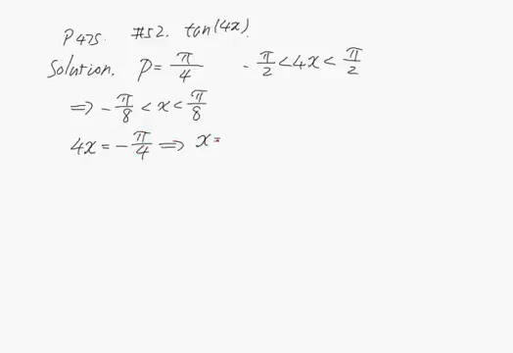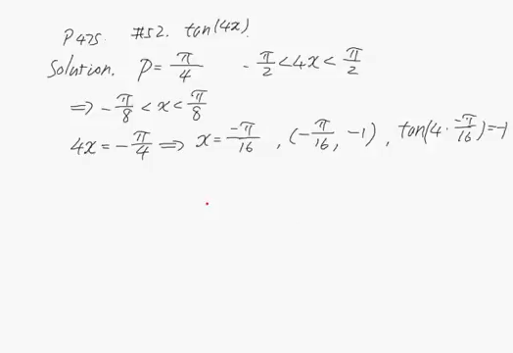We get x equal to negative pi over 16, right? Then we find the corresponding y value is equal to negative 1. So we get the first key point, that is negative pi over 16 and then negative 1, because tangent of 4 times negative pi over 16 is equal to negative 1.